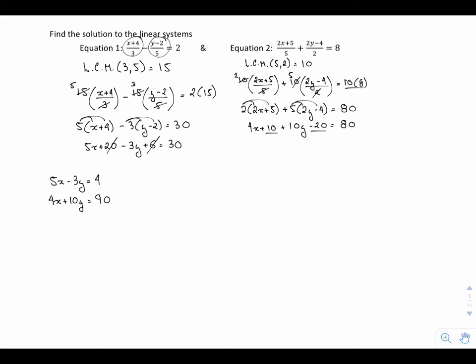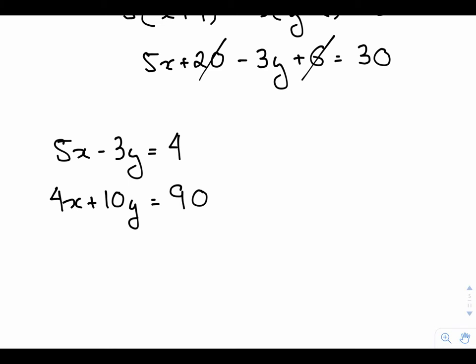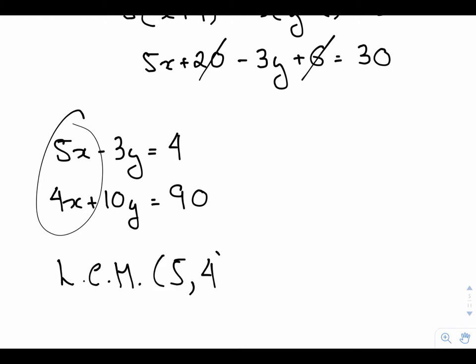And I think the variable I'm going to eliminate for this one, let's keep it simple, I'm going to look at the coefficients of the x's. So I have 5 and 4. In this case, the LCM of 5 and 4 is 20. So I want to make this 5x into 20, and this 4x into 20. So I have to multiply each equation by the appropriate factor.